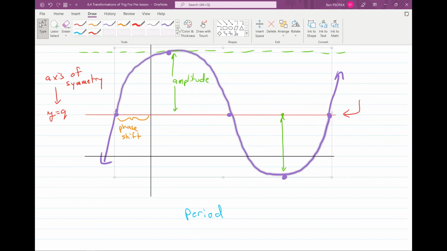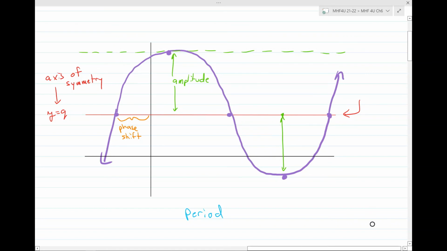The period is the amount of time it takes for your periodic function, and your sinusoidal functions are periodic, to start repeating itself. So if your function begins here, it goes up and down and back up, and that's your period, because then it's starting to repeat itself. We can assume that its shape will continue in that manner.